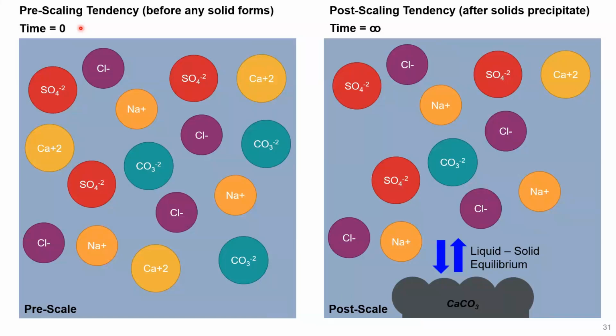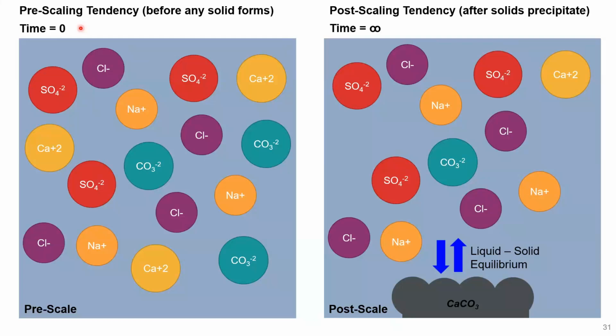Now, there is the other scenario, which is the post-scaling tendency value. And this is when, after time, as time goes to infinity, a long time has passed, you have reached an equilibrium condition, you have left that salt that you put in your beaker to precipitate out, and then you start seeing a solid in the bottom, okay?